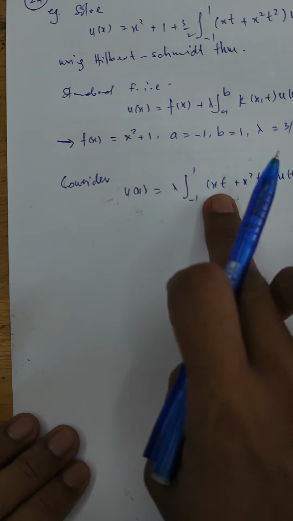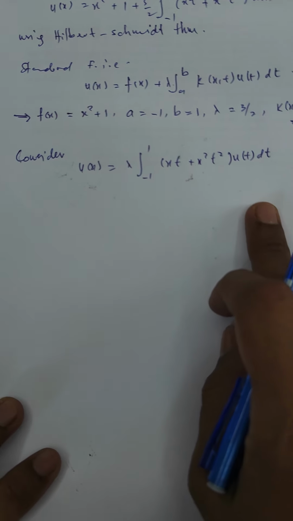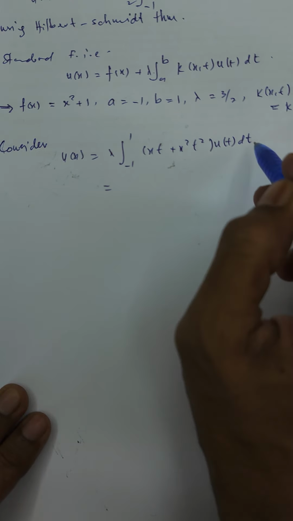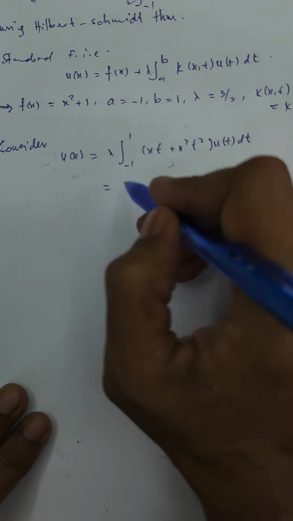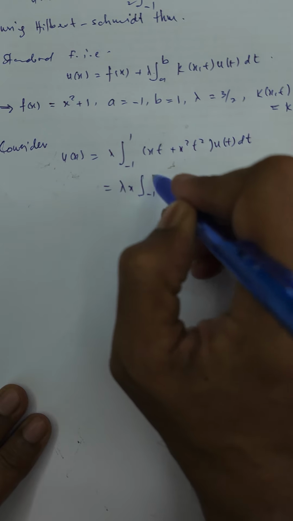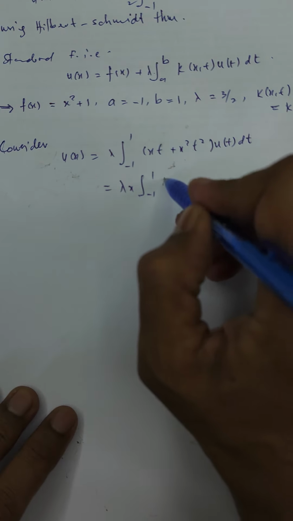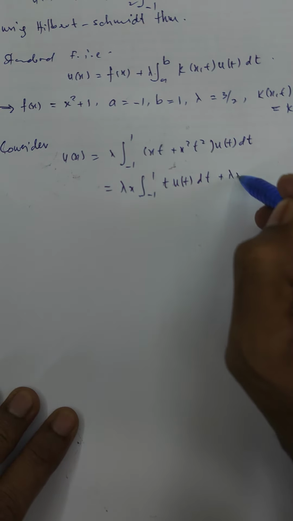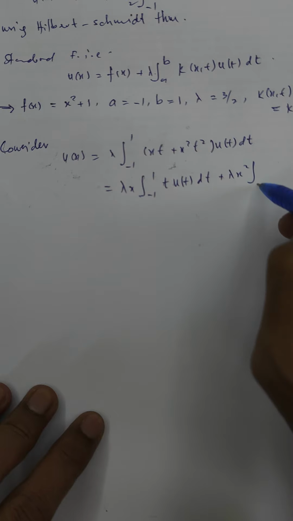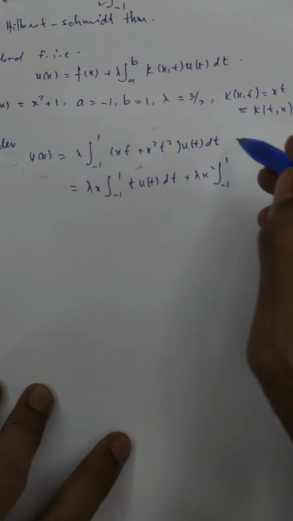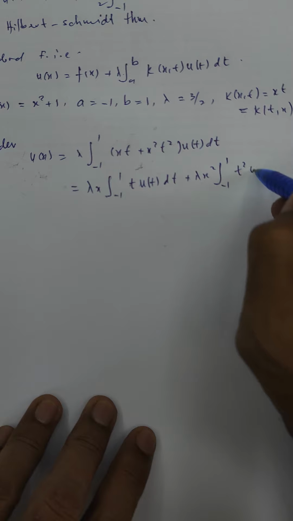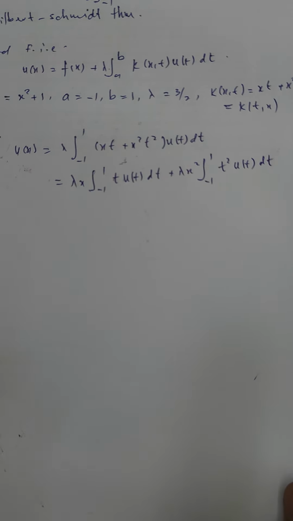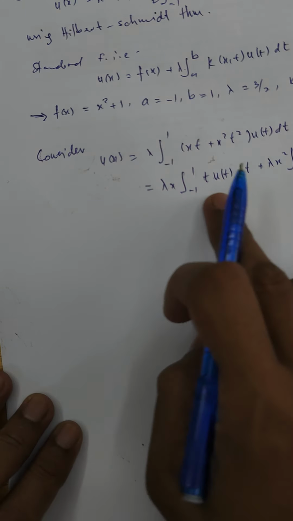From there you can split this into two. Since we integrate with respect to t, we can take out x. So we have lambda x integral from -1 to 1 of t u(t) dt plus lambda x squared integral from -1 to 1 of t squared u(t) dt.